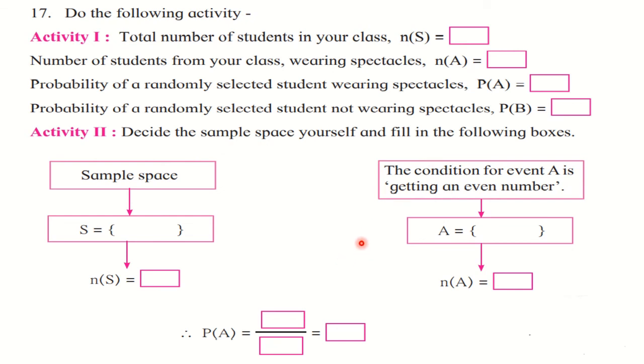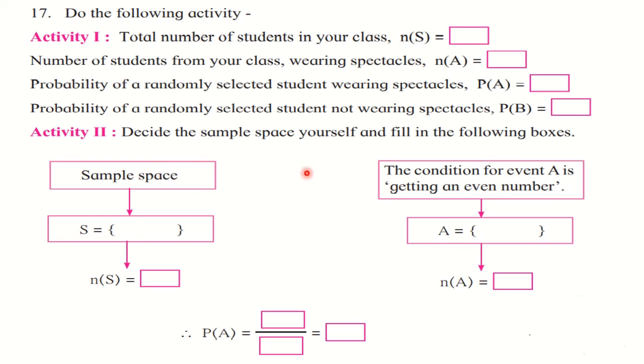So 2 activities are given, both the places you have to take your own numbers. Here you have to think of your class and you can take any numbers randomly. Those who are wearing spectacles and those who are not. As I said, if it is 5 here, then P of A will be 5 upon 60, that is 1 upon 12, and not wearing, the remaining students, means 55 divided by 60. So you can reduce it and write it.